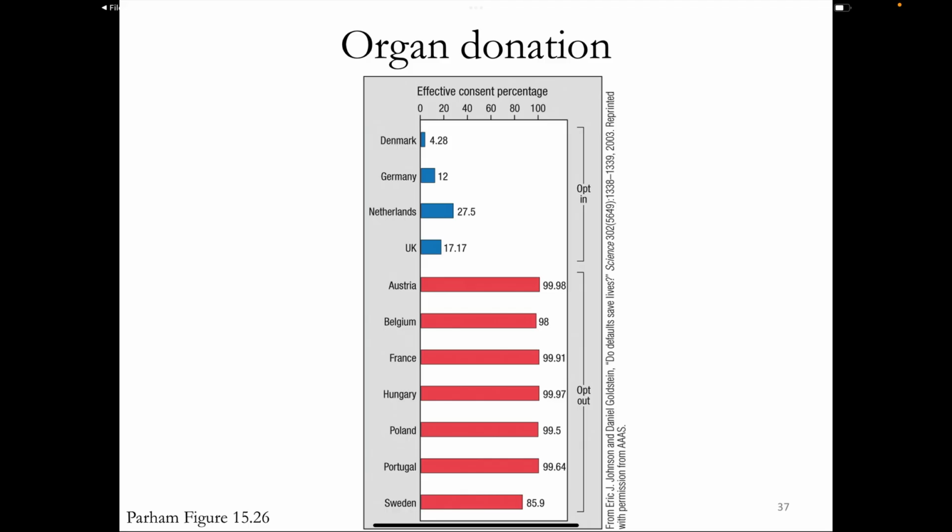In some other countries, they have opt-out organ donation, where basically you are an organ donor unless you say no. In those countries, it's like 99% of people are donors, because most people, unless they desperately care, just don't do anything. So one thing we could just do is change organ donation processes.